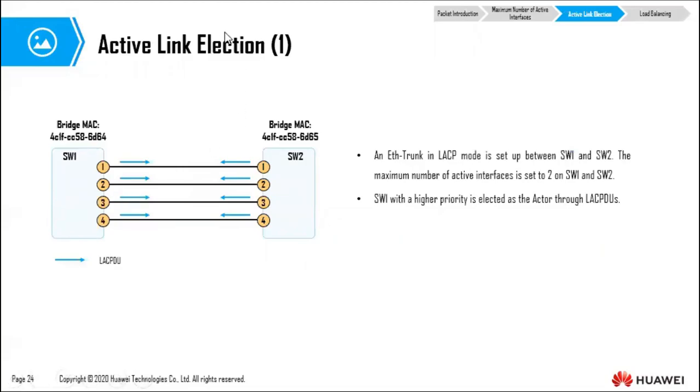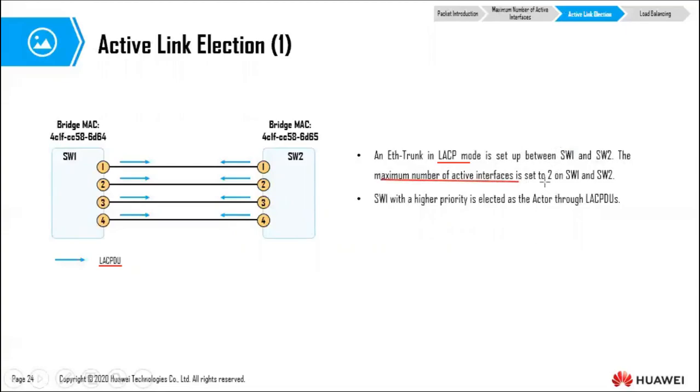So active link election, we won't stay here for so long because I think we've already said it. Normally the switches that have been configured with LSCP mode will exchange LSCPDUs. After exchanging the LSCPDUs, they're going to look at the maximum number of active interfaces.